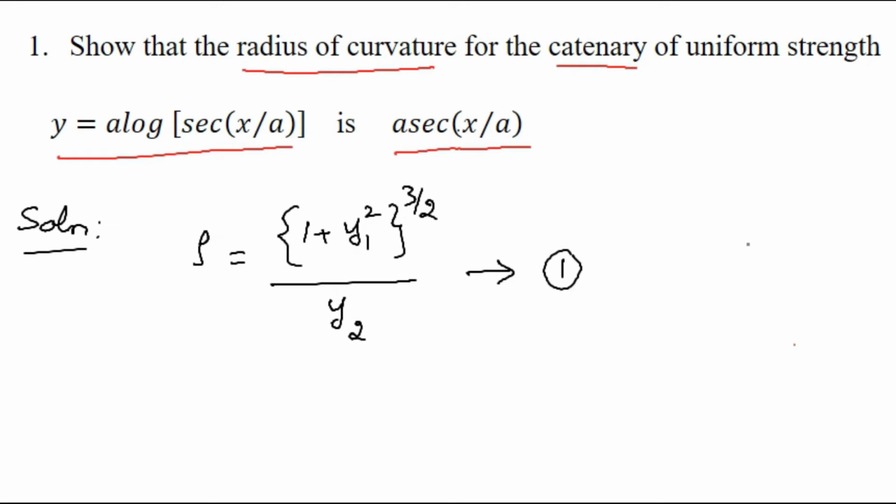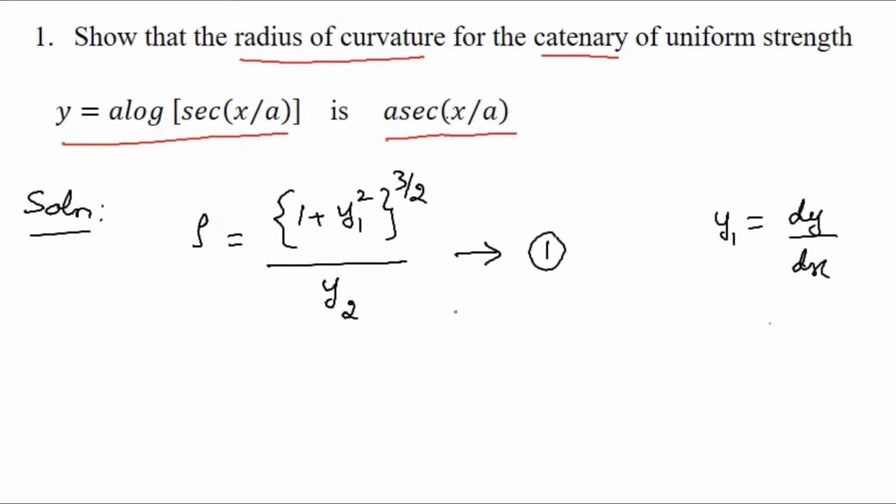We know y1 is dy/dx and y2 is d²y/dx², which means if I differentiate dy/dx, I will get d²y/dx², which is y2. So if you differentiate y1, you will get y2. So I need to find y1 and y2.